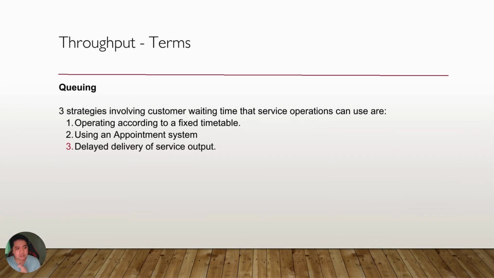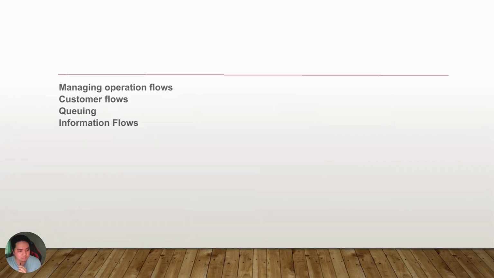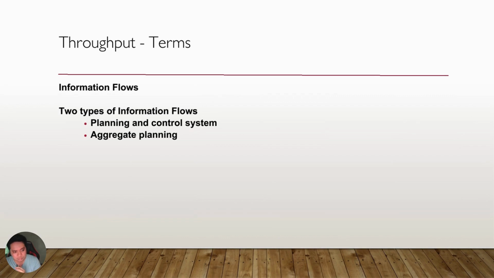In queuing, there are three strategies that service operations can use for customers' waiting time: operating according to a fixed timetable, using an appointment system, and delayed delivery or service output. And in information flows, there are two types: planning and control system and aggregate planning.